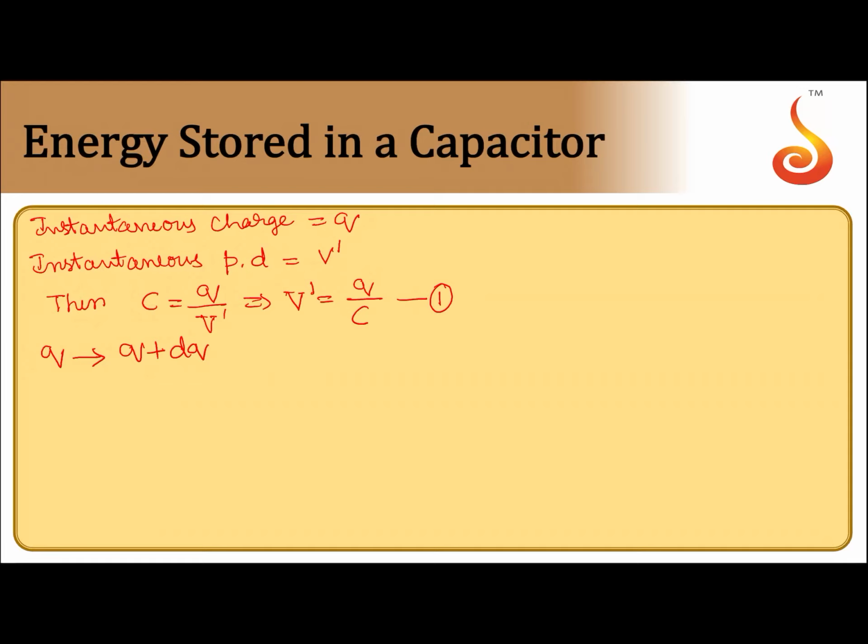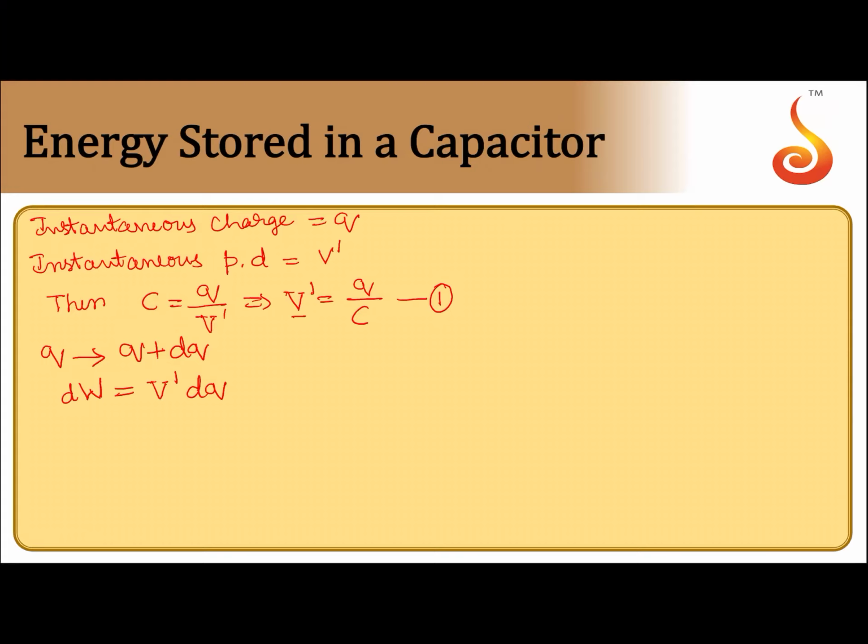So to increase this charge, how much work is done? We have considered a very small additional charge dQ, so that the potential difference V dash remains constant during the motion of this charge. Then the work done in moving this much charge against the field will be equal to V dash into dQ.